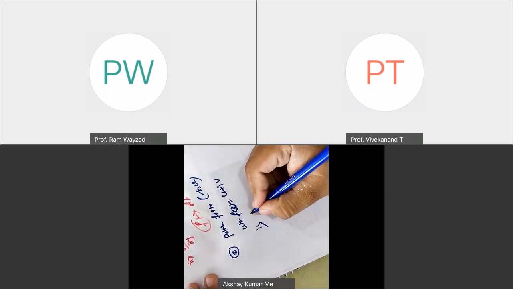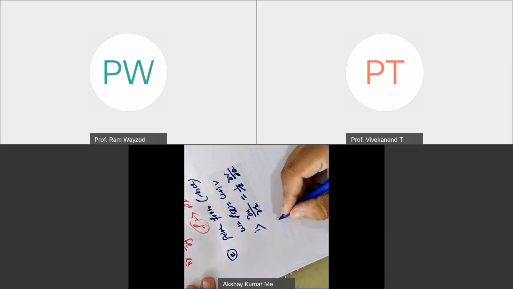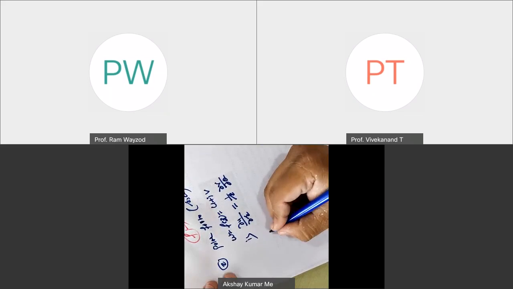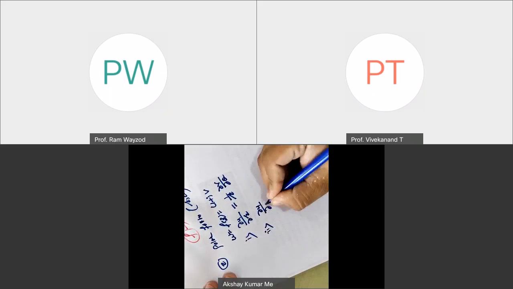Then if we differentiate u with respect to r, we get 1 upon r del v by del theta. These are the basic conditions, and with some examples you might understand.